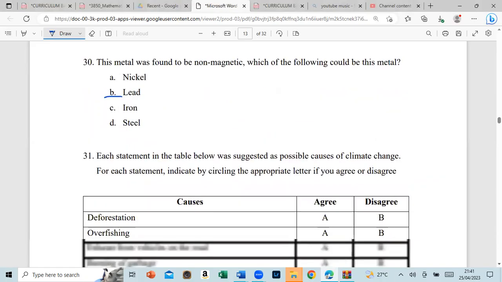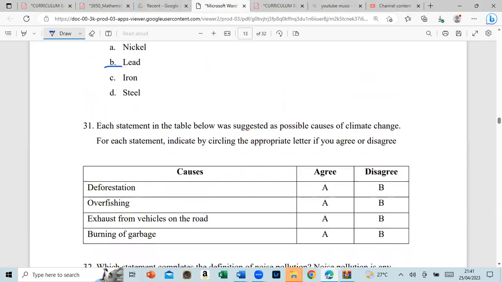31. Each statement in the table below was suggested as a possible cause of climate change. A, deforestation, overfishing, exhaust from the vehicles, and burning of garbage. All right, so let's do one at a time.